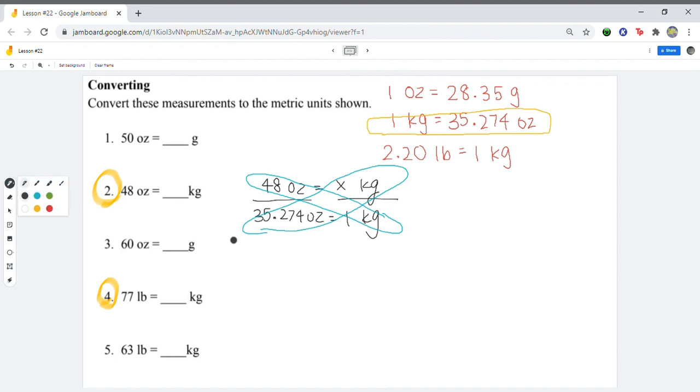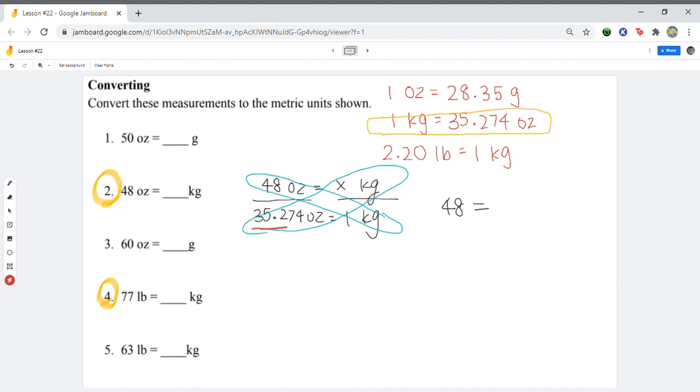Now have a calculator by your side to do these problems. For the first diagonal that I placed over here, we're going to do 48 times 1. So it's cross multiplying, so we're going to multiply them. 48 times 1, we know that as 48. And now we're going to make it equal to whatever product we get from here.